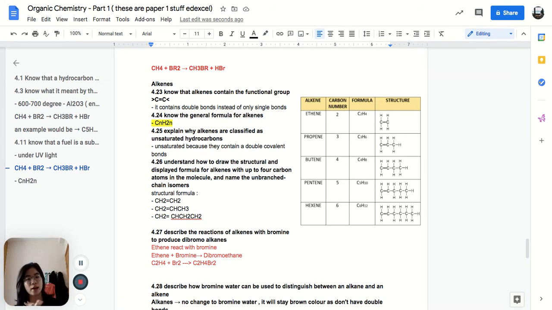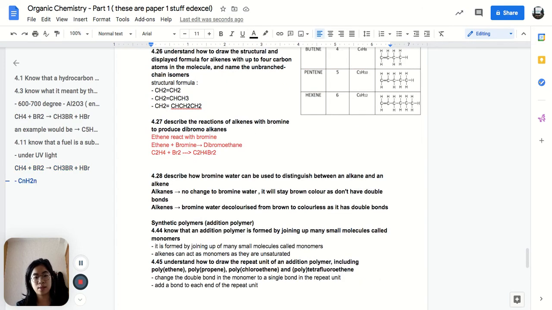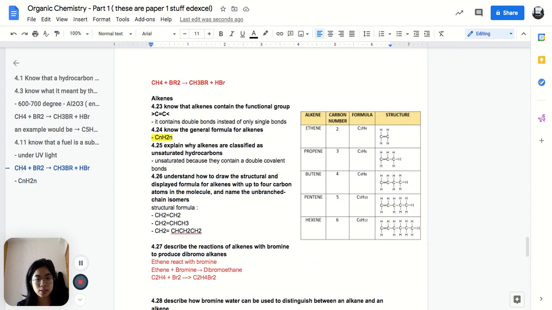4.26. Understand how to draw a structural and display formula for alkenes with up to 4 carbon atoms in the molecule and name the unbranched chain isomers. I will talk about unbranched chain isomers later in the video.